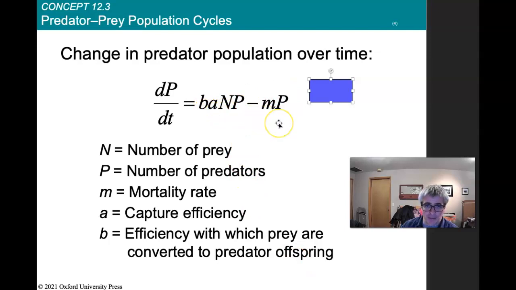Food, babies, death. So all of life is in this equation here. And if prey are absent, this whole thing turns to 0, and the population declines with the death rate, or mortality rate. Mortality rate would probably change if there's no food, but nonetheless, there we go.